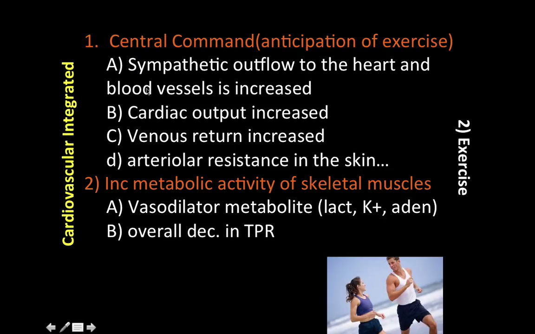So if only the central command is in action, then we have an increase in total peripheral resistance. But when we start having metabolic activities or metabolites such as lactate, potassium, and adenosine, that's when we see a decrease in total peripheral resistance. It's important to know the distinction between those two.